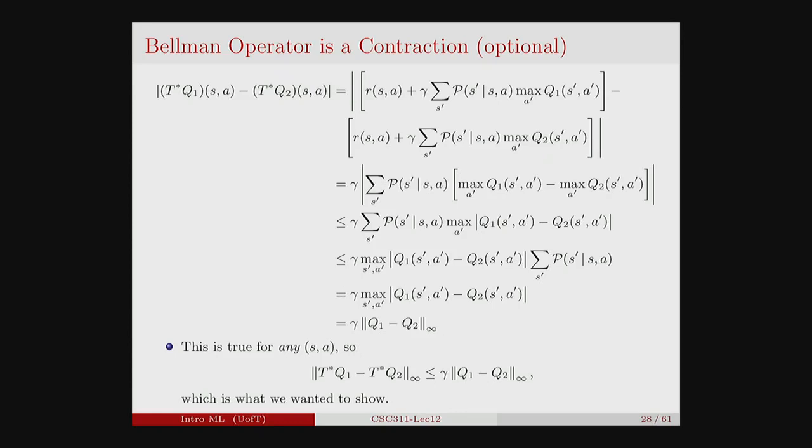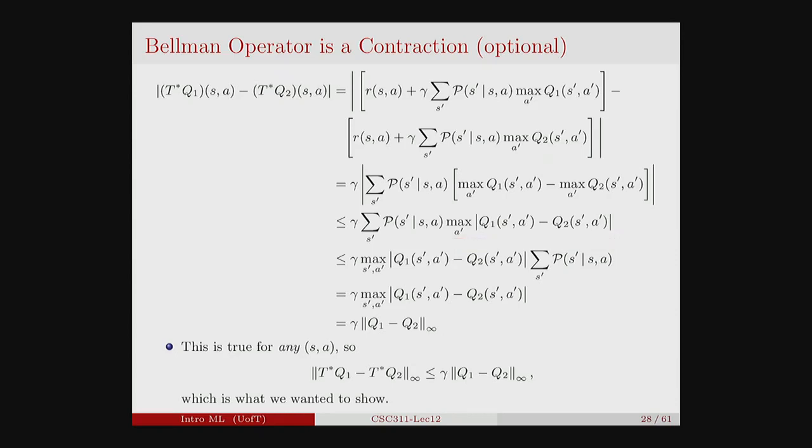The only trick that I'll tell you that you need to know is how you move from here to here with an upper bound. And the argument is that this is a summation over a set of rows in the states of this Q matrix. And for each row, you're looking at the difference between the max over two actions.